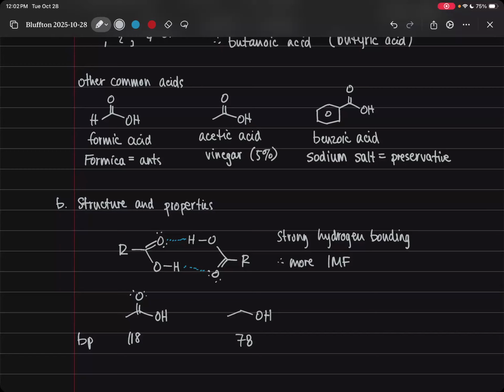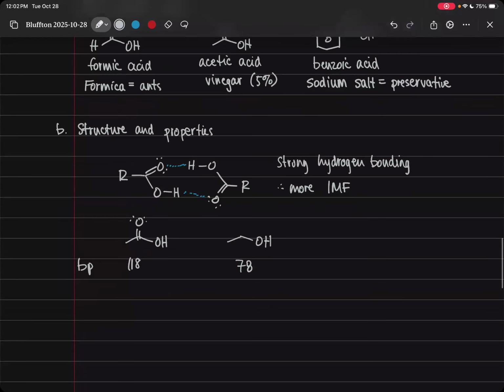Benzoic acid, it's got this huge benzene ring on it, right? That's larger than the whole rest of the molecule. And you might think, okay, that benzene ring is really nonpolar, and so benzoic acid shouldn't be soluble in water, and it's not at room temperature, but as soon as you heat it up, it dissolves. So that solubility in water, at least at high temperatures, is also due to hydrogen bonding.